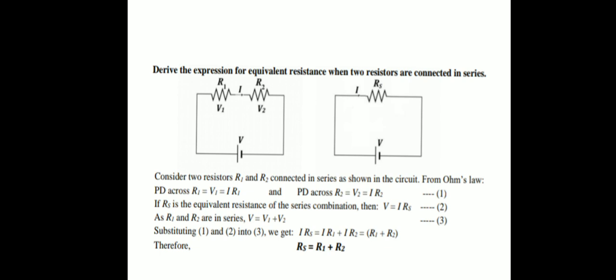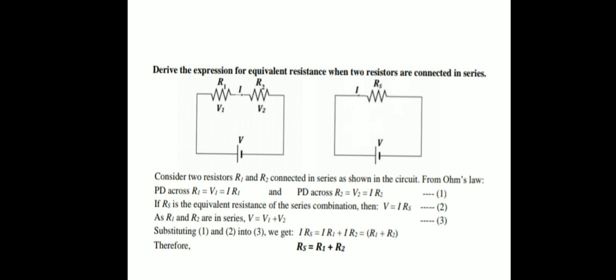Then as per Ohm's law, the potential difference across each resistor is different, that is V1 and V2 respectively, as shown in the diagram. Now, according to Ohm's law, the potential difference V1 across the resistance R1 is V1 is equal to IR1, and the potential difference V2 across the resistor R2 is V2 is equal to IR2.